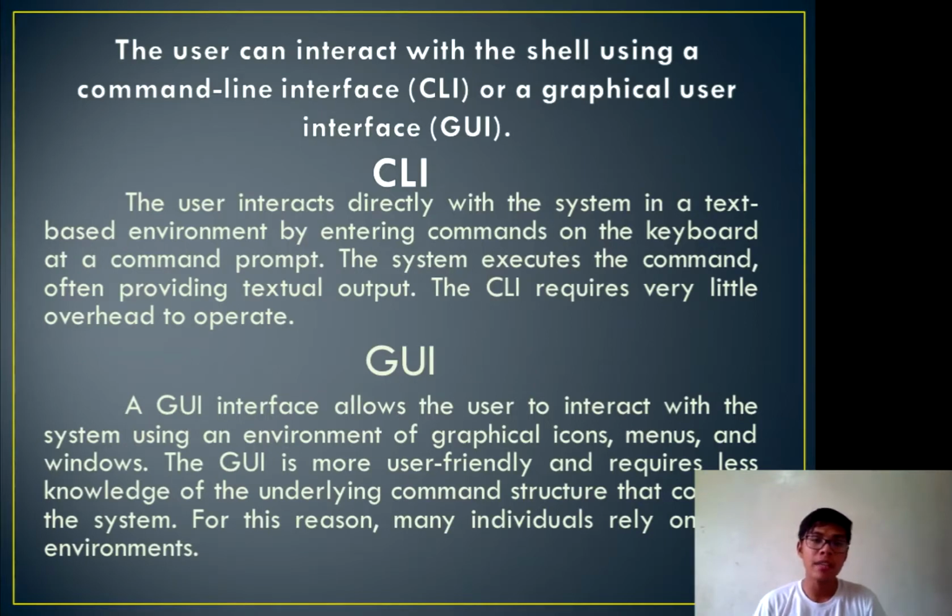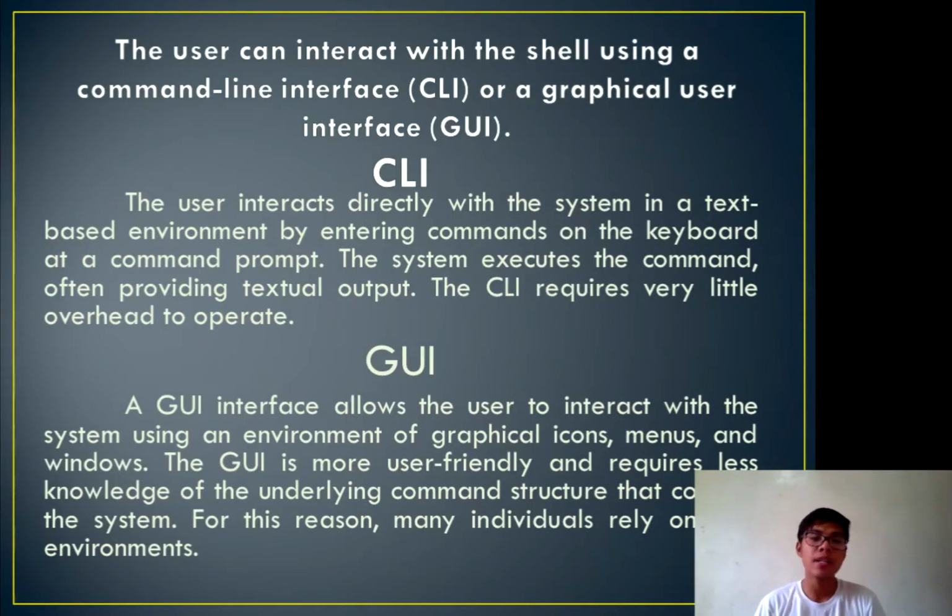The CLI. The user interacts directly with the system in a text-based environment by entering commands on the keyboard at a command prompt. The system executes the command, often providing textual output. The CLI requires very little overhead to operate. The GUI.